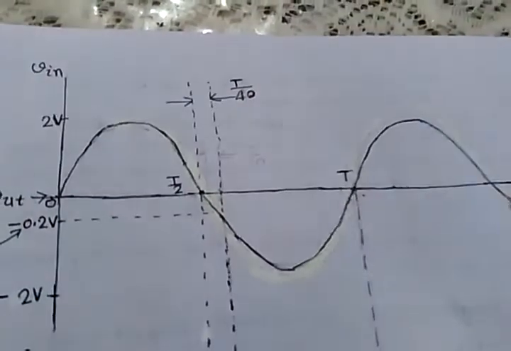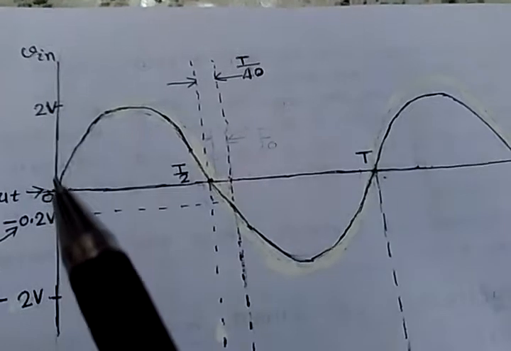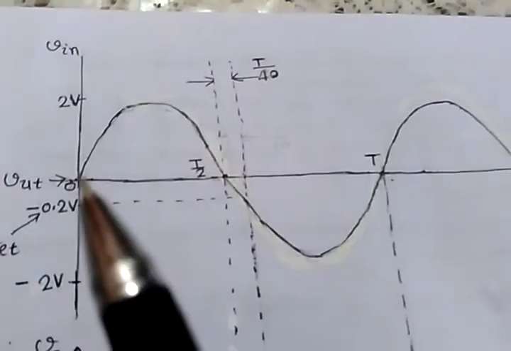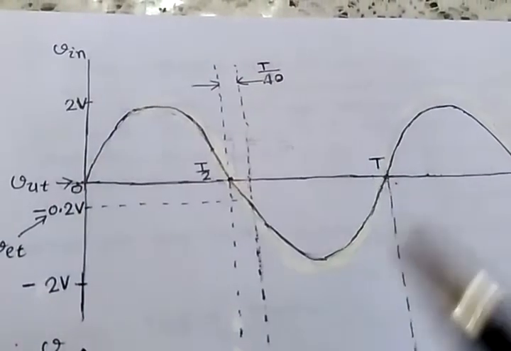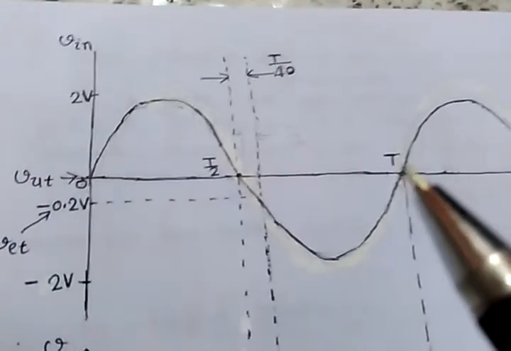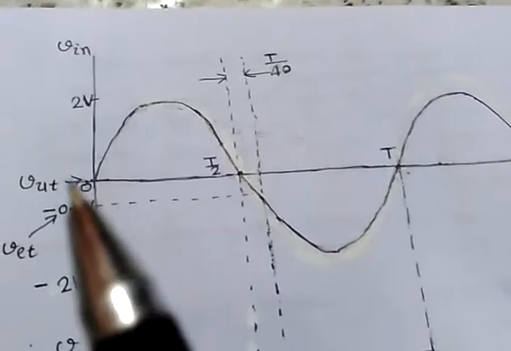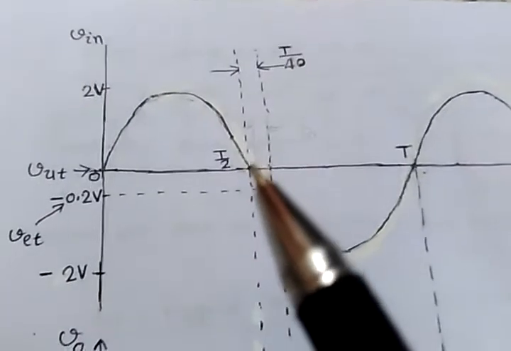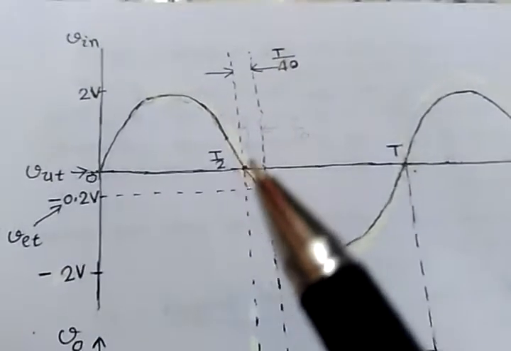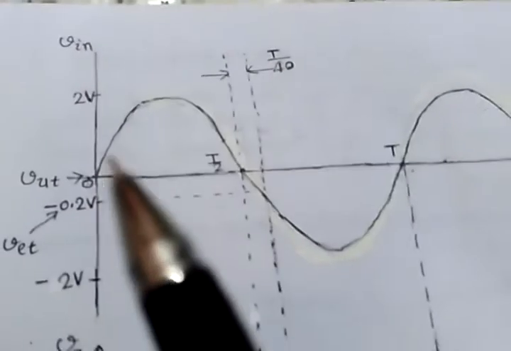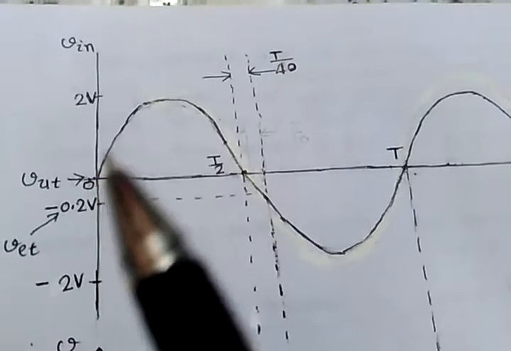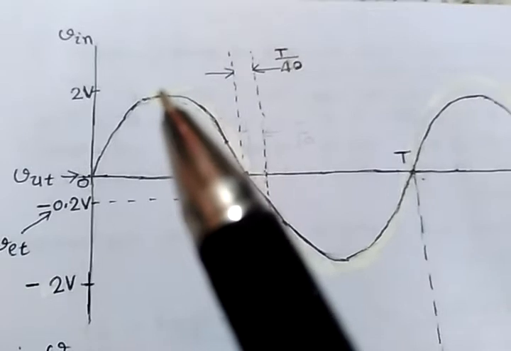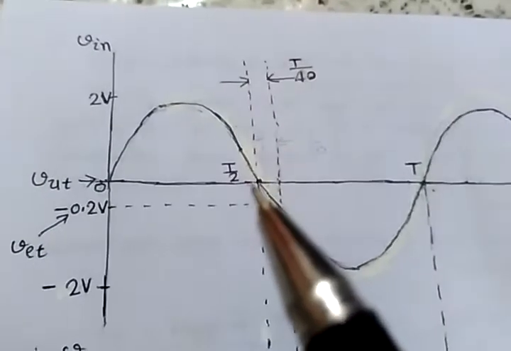See the input waveform carefully. To complete one cycle, the time taken by this sinusoidal signal is T, one time period. So to complete half cycle, the time taken by the signal is T by 2. In half cycle, the signal changes from 0 to 2 volt, its positive peak, and then again from 2 volt to 0 volt.